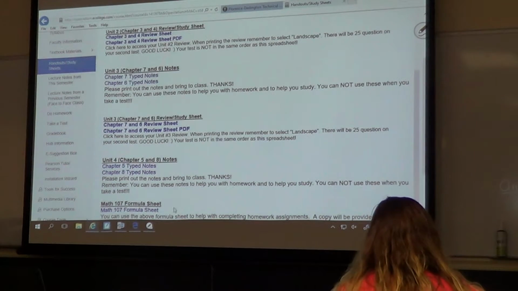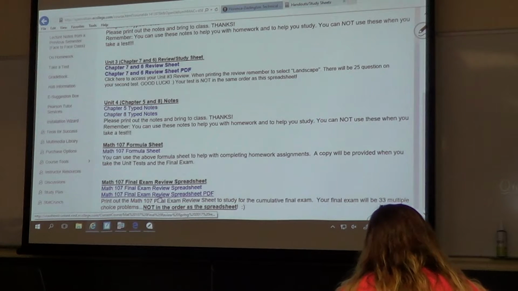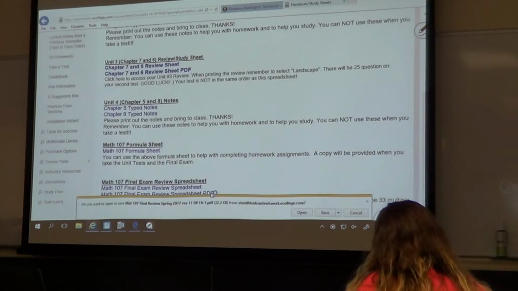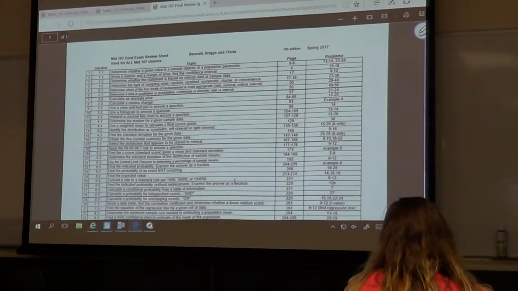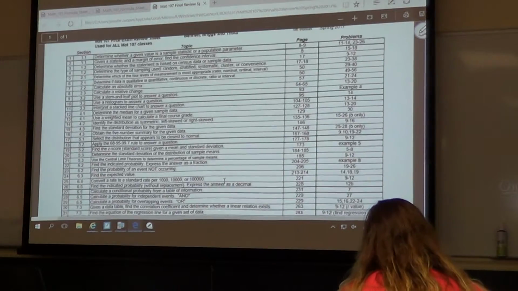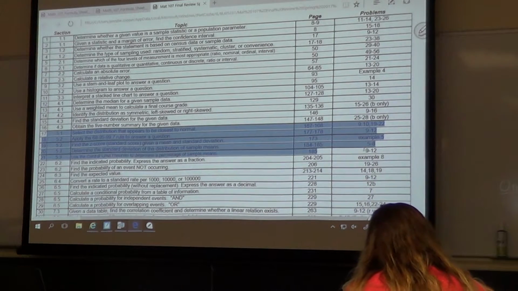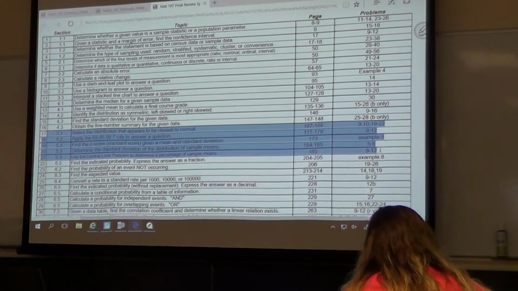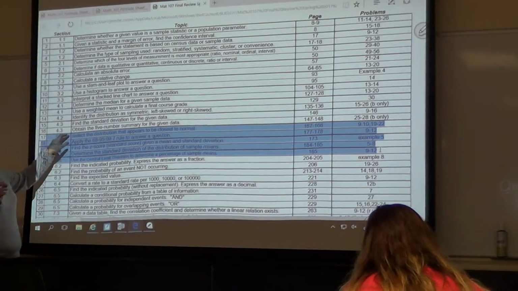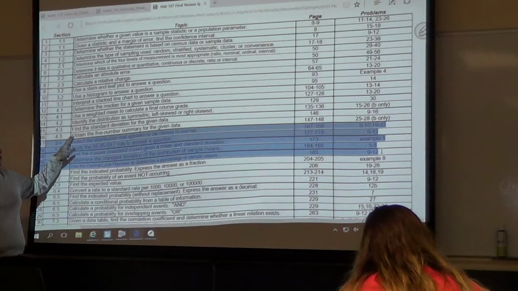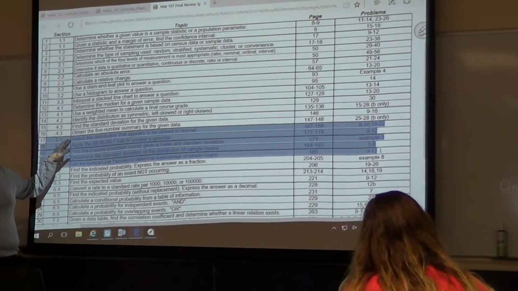So if we come to the final exam review sheet and look at what's in chapter 5, we have one problem where I give you a normal, a left skewed, and a right skewed distribution, and I ask which one is normal.